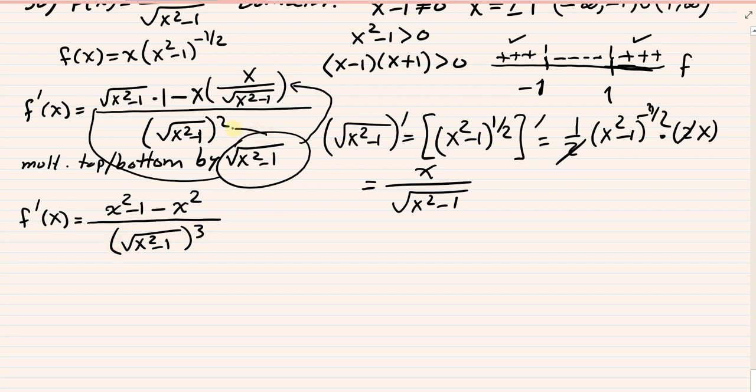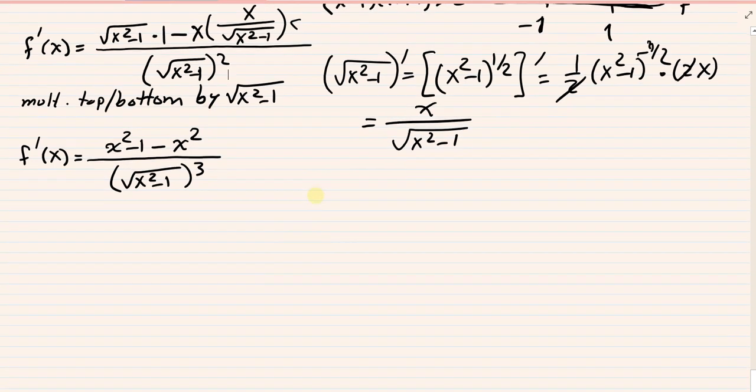We multiply by 1 more, makes it 3. Perfect. And then we can actually work this one. We have a couple of opposites. So this is just going to be -1 over x squared minus 1 to 3/2. Okay, that's what that turns out to be.